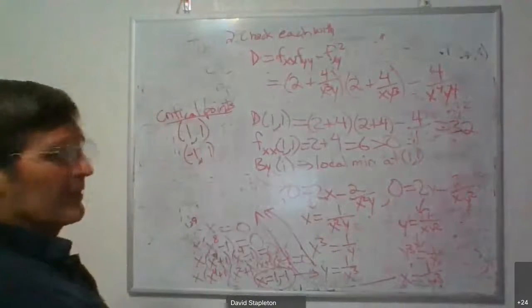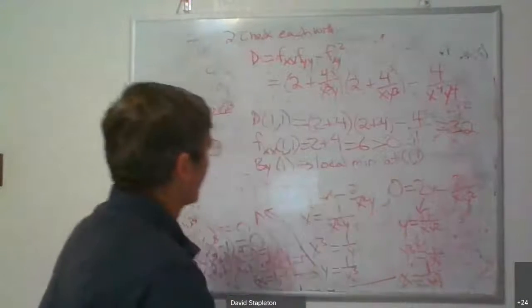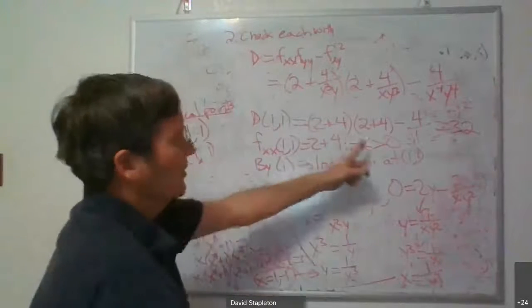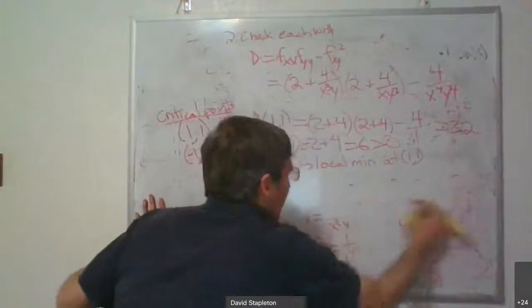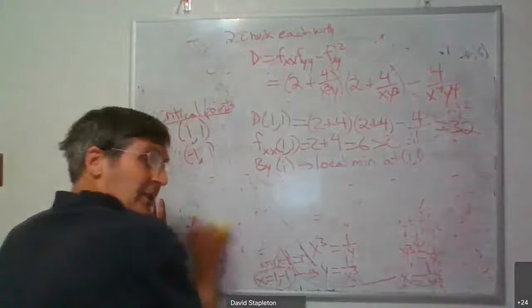All right. D is positive, so it's consistent concavity. The concavity is up in the x direction, so it's also up in the y direction. And we have a local minimum. Now we have to check the other one, right?